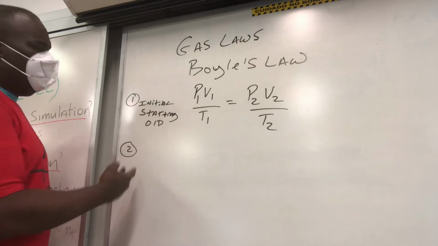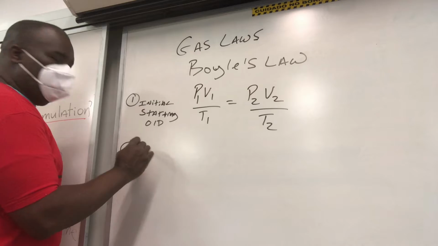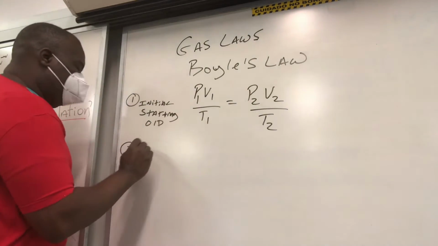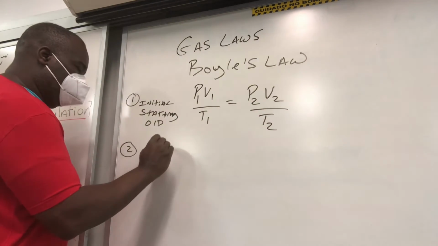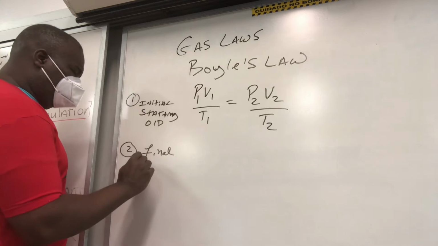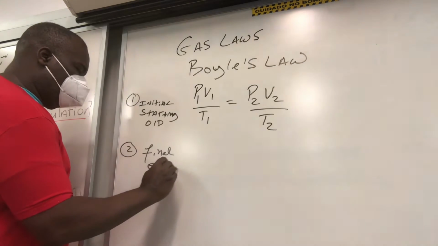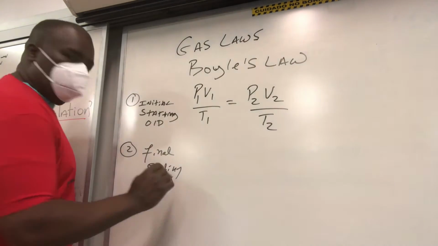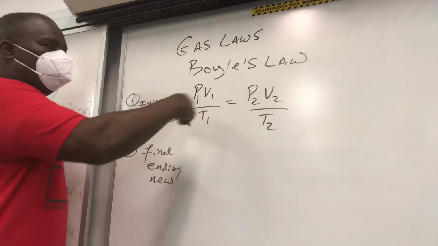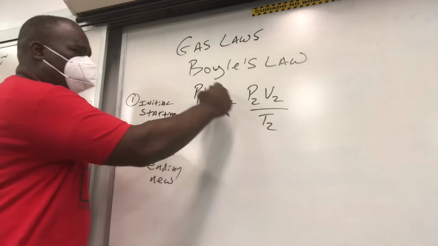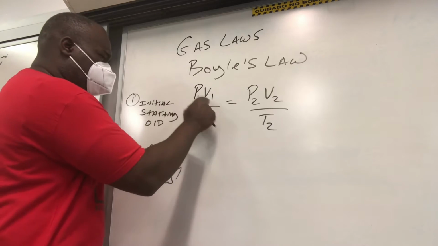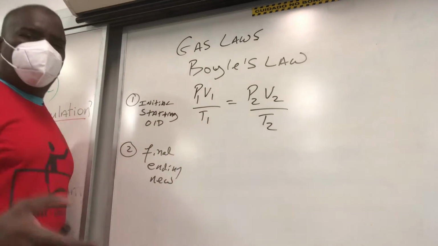It's just the opposites. So the twos here mean the final condition of that variable, or the ending, or the new. So please know what these things mean, the subscripts and the actual letters, the P, the V, the T, the variables, know what they mean.